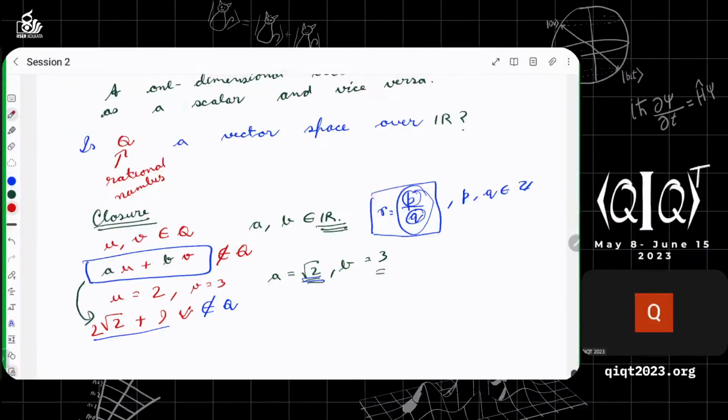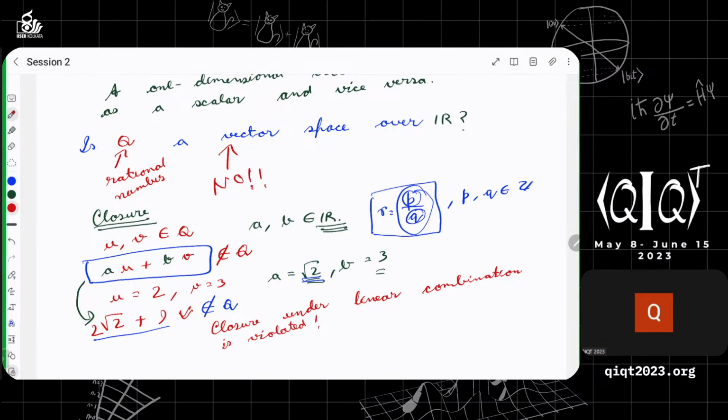So since the closure condition is violated, the closure under linear combination is violated, so the answer to this question is no.